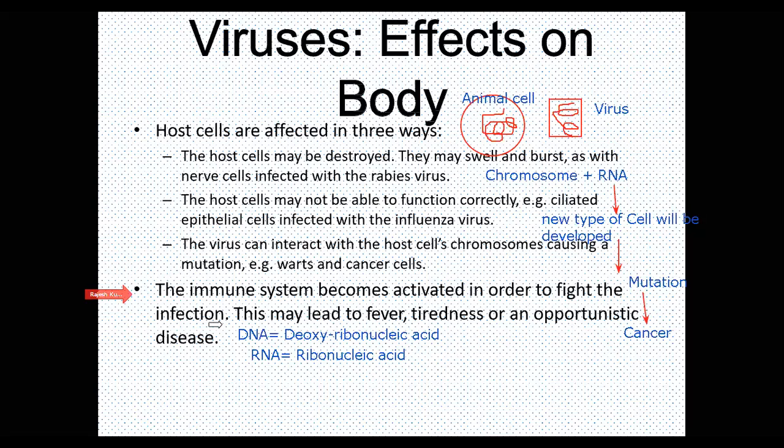If there is a virus attack in the body, our body's immune system tries to fight. This may lead to fever. Therefore, we suffer from fever, tiredness, or an opportunistic disease. That means another symptomatic disease will be in the body. This is the situation of fighting against virus.